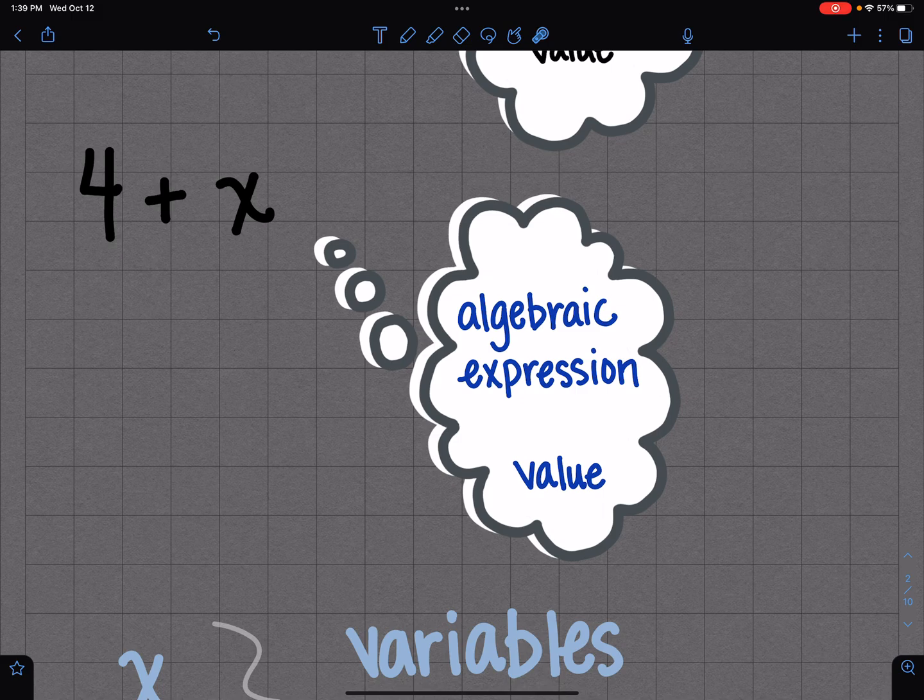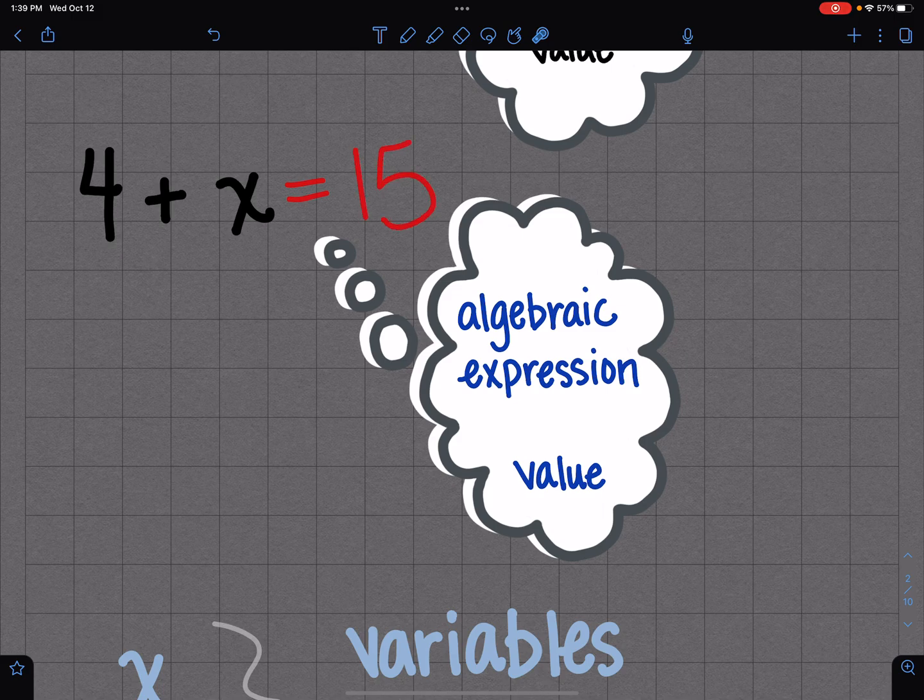For example, we might say that the value of this algebraic expression is 9. If the whole expression has a value of 9, then we know that x is equal to 5, because that's what makes that true. You could say that this whole expression has a value of 15.